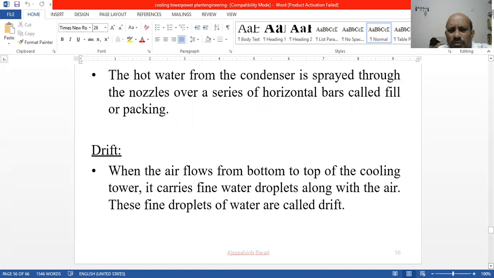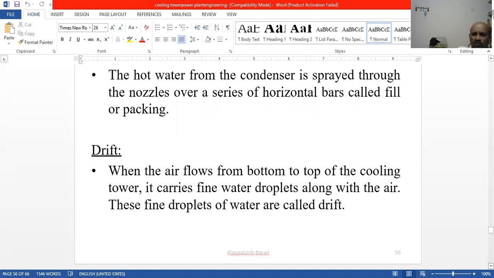So when the air is flowing from bottom to top, it carries some water droplets, and those water droplets along with the air we say as drift.